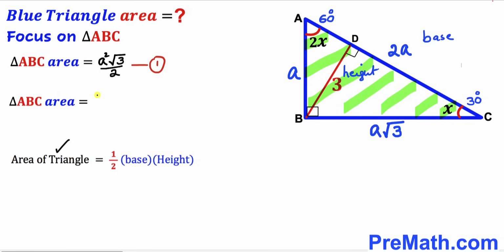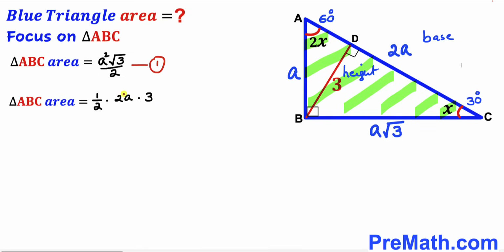So this is going to give us a half times our base is 2 times a times the height is 3. And here we can see 2 and 1 divided by 2 cancel each other out. So therefore this is going to give us 3 times a. So thus our triangle ABC area turns out to be 3 times a as well. And I'm going to label this one as our equation number 2.